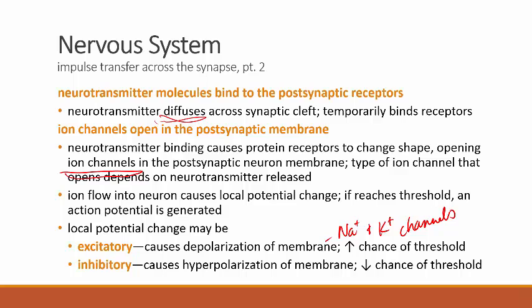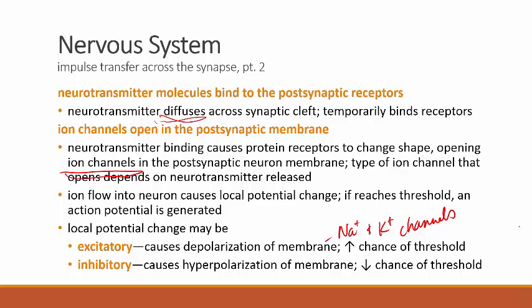We'll see the effects really similar to what we saw with an action potential being spread down the axon. We're going to see the sodium rush in, the potassium rush out, and that will depolarize the membrane, bringing the membrane of our cell body a little bit closer to reaching threshold.